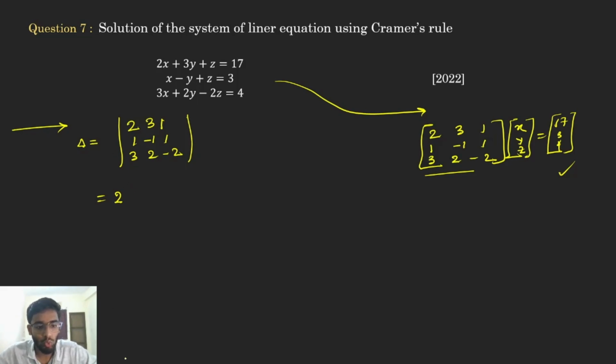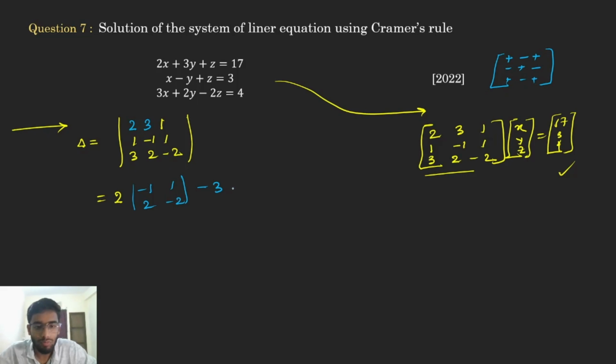If you take 2, cancelling the corresponding row and column, you are getting minus 1 1, 2 minus 2. Then if you take 3, for 3 there is a minus symbol, since the signs alternate: plus minus plus, minus plus.